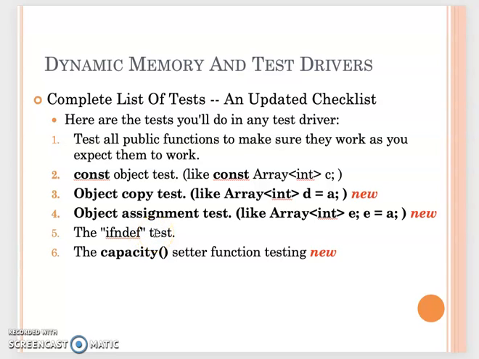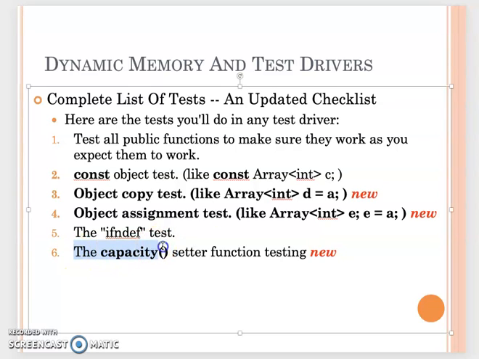Don't forget, you need to include your library twice. The last one we didn't talk about is the capacity setter function testing. You can combine this when you do the operator setter function testing. For example, you define an array A of size 50. Then you assign index 100.